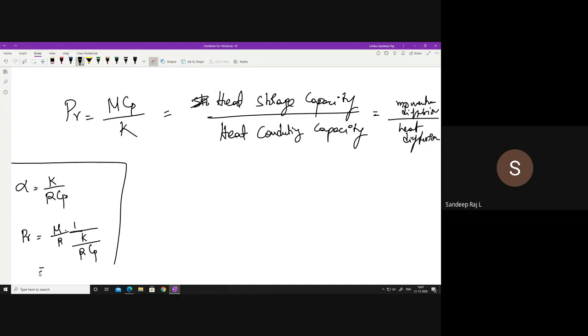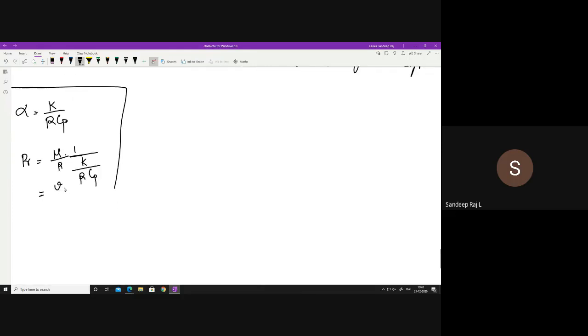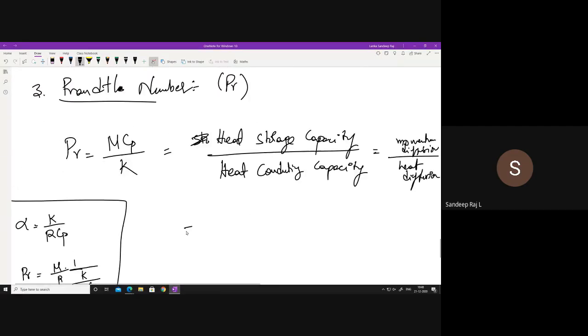So what I get here is mu by rho, which is nothing but nu, the kinematic viscosity. And in the denominator, you have alpha. So the other way of expressing the Prandtl is nu by alpha, that is the kinematic viscosity by alpha, thermal diffusivity.